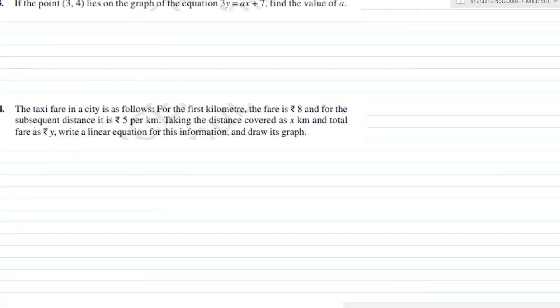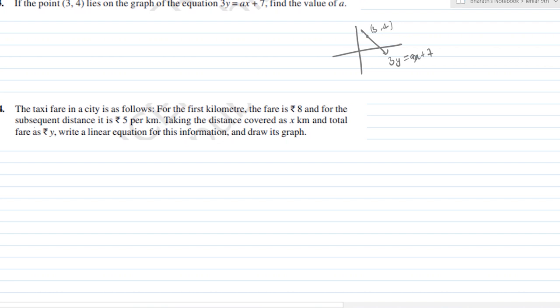So in our third question, if the point (3, 4) lies on the graph of the equation 3y is equal to ax plus 7. See, suppose there is a graph like this and there is a line like this. Here there is a point (3, 4) which lies on the line which is making the equation 3y is equal to ax plus 7.